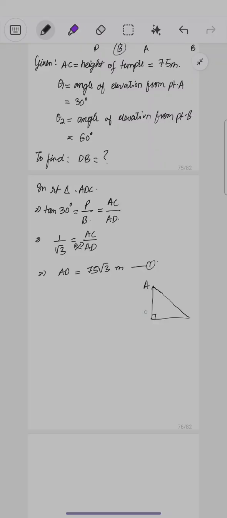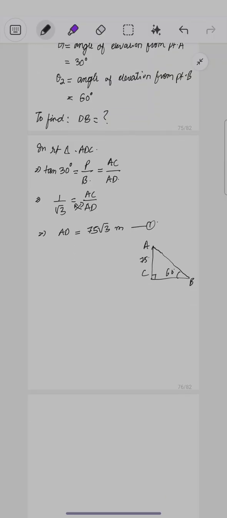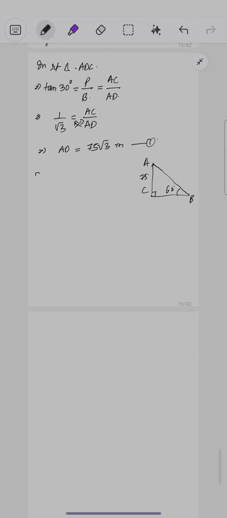Similarly, in right triangle BCA, angle B is 60 degree and AC is 75. Tan 60 is perpendicular by base, and tan 60 value is root 3.